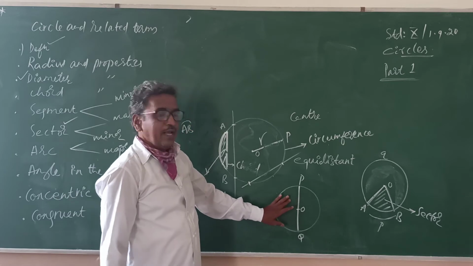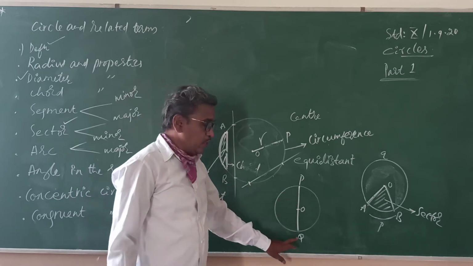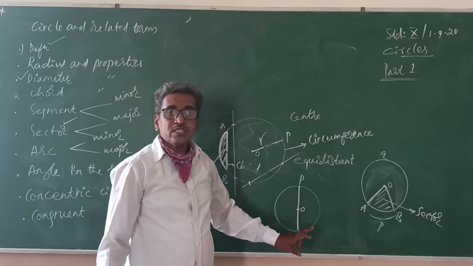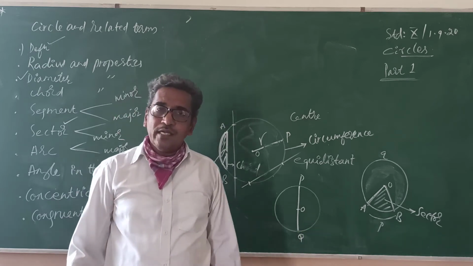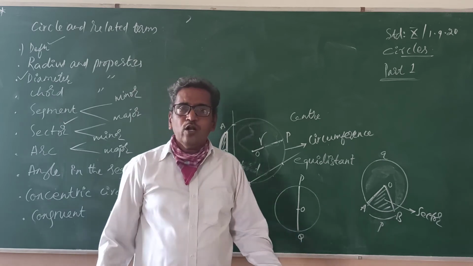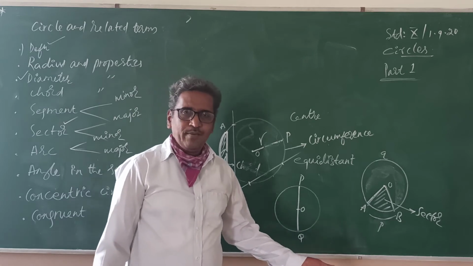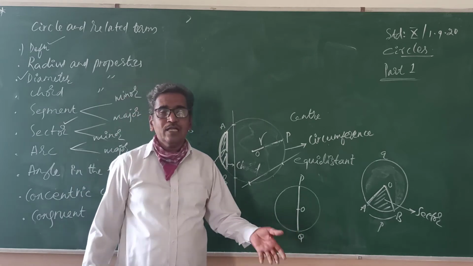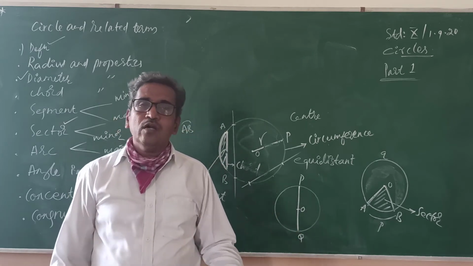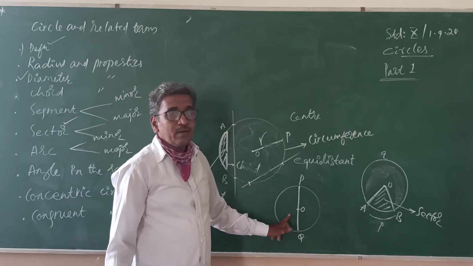It means the diameter is the distance between any two points on the circumference that must pass through the center of the circle. So a diameter is a chord, but a chord is not a diameter. You can say the biggest chord of the circle, passing through the center, is called the diameter. How many diameters can be drawn?